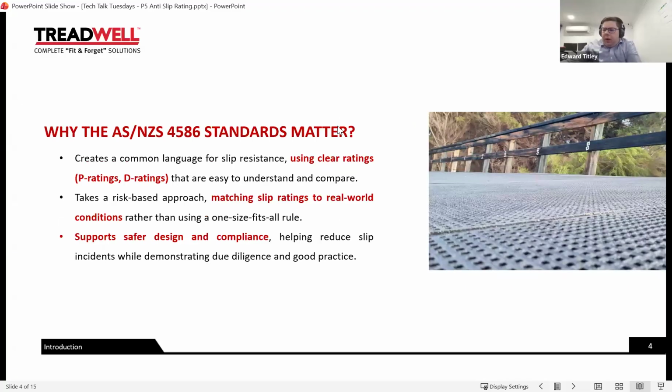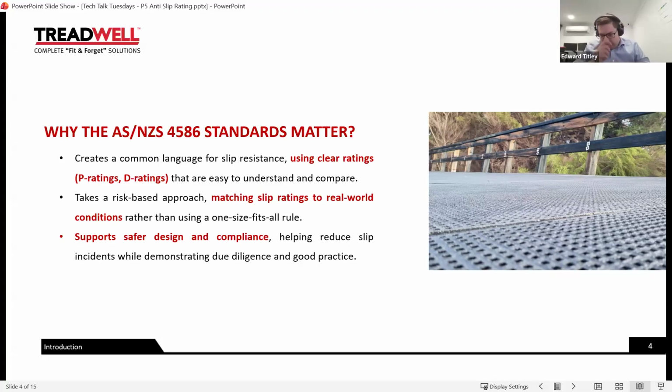So, why it matters, probably pretty straightforward, but obviously we want to specify on our project a classification that's relevant, and that ties into some of the different test results we'll talk about shortly. For example, there's no point specifying a slip resistance for a dry floor when an area is always wet or it's going to have oil on it or something like that.